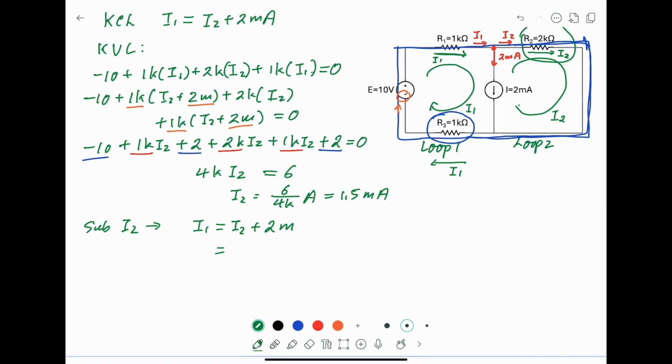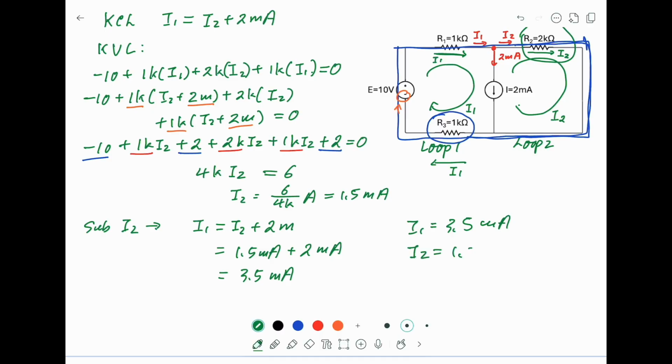And you get 1.5 milliamp plus 2 milliamp, which is 3.5 milliamp. So our result is I1 equal to 3.5 milliamp and I2 equal to 1.5 milliamp.